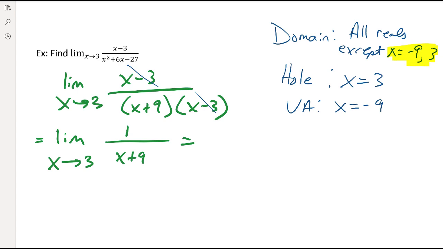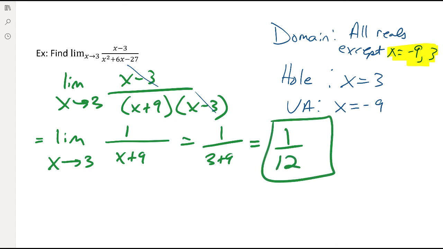Because now 3 is in the domain. 3 is not going to mess up this function. So 1 over 3 plus 9 means that our limit is 1/12. Okay. Once again, if you go to the beginning and you try to plug in 3, you're going to get 0 over 0. And apparently this time, 0 over 0 ended up being 1/12. That's what we mean by an indeterminate.